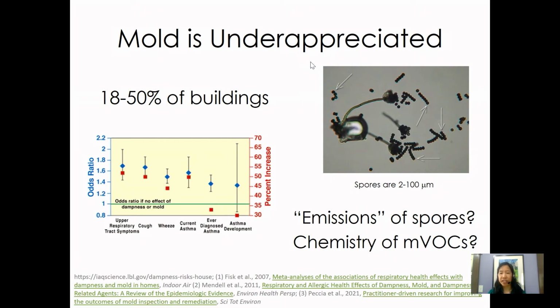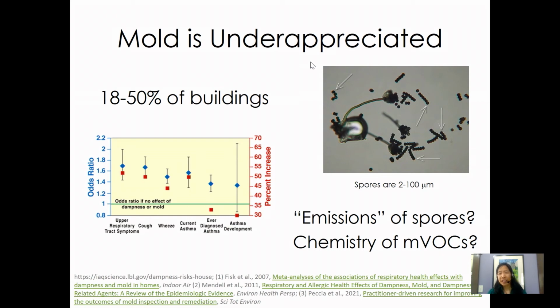These are allergens, and their size is 2 to 100 microns. So right in that range of particulate matter that we're talking about. As shown in the lower left-hand graph, exposure to mold is associated with upper respiratory tract symptoms, cough, wheeze, asthma, all kinds of health problems.